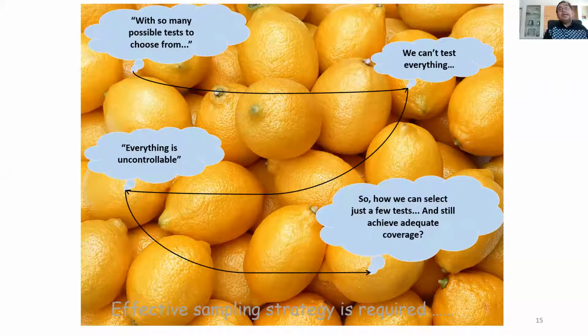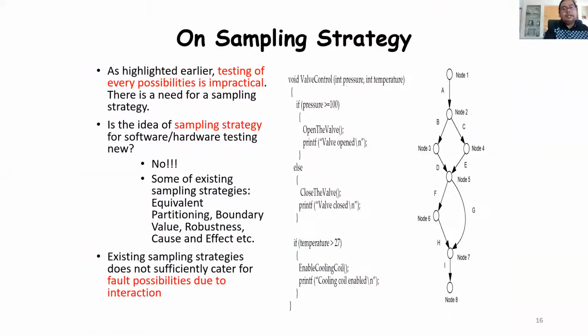So I'm testing a sample of oranges. The idea of T-way testing is that we are trying to sample the test cases in such a way that it's manageable for testers to do the actual testing. So this is the idea.